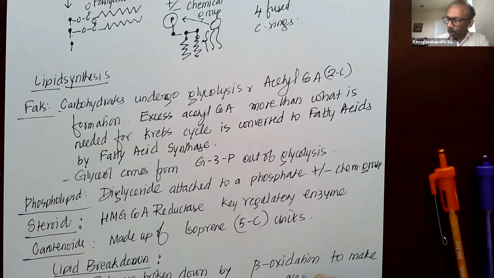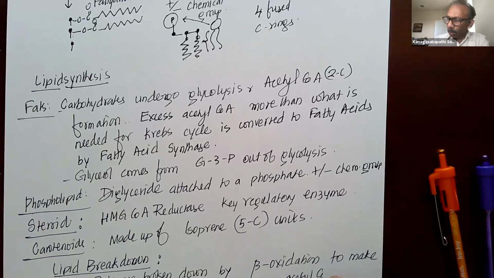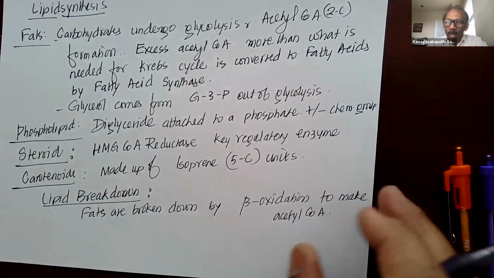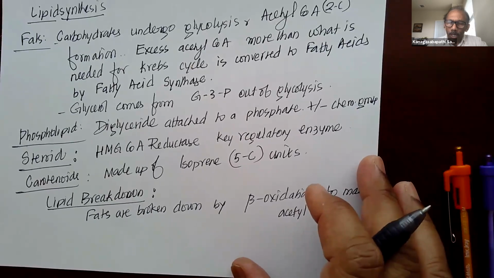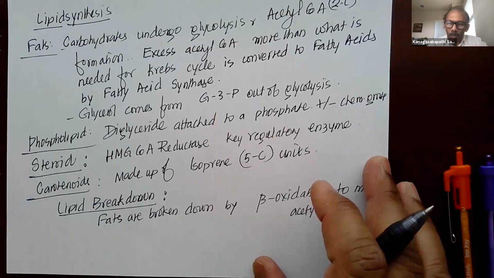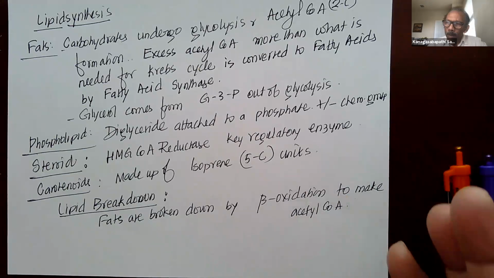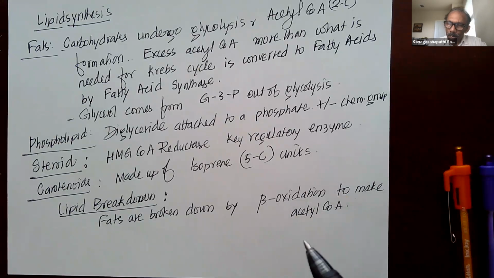Then that acetyl-CoA can go to the Krebs cycle and make more ATP. Fats store more energy per gram than carbohydrate and protein combined. Each of them makes only 4 food calories per gram, whereas fats can make up to 9 food calories per gram.